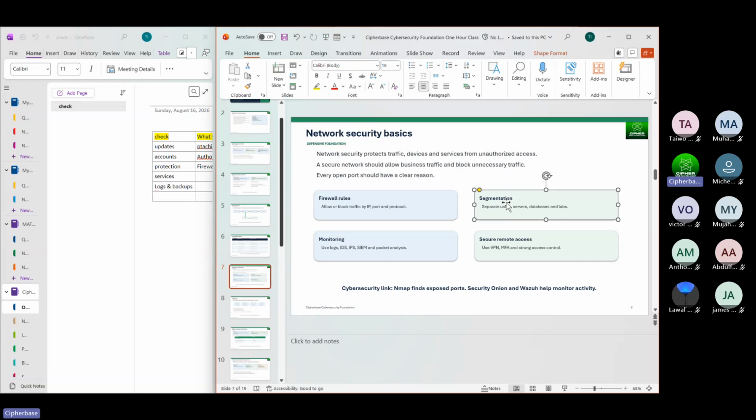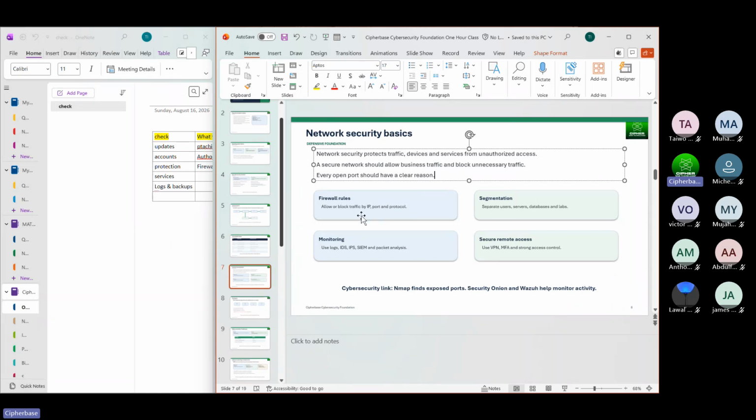This segmentation also, I will make practical. We create that next week because we have 2 weeks to do this foundation class before we proceed. Two classes for that. So we create a network, we segment it, and see the importance of segmentation.